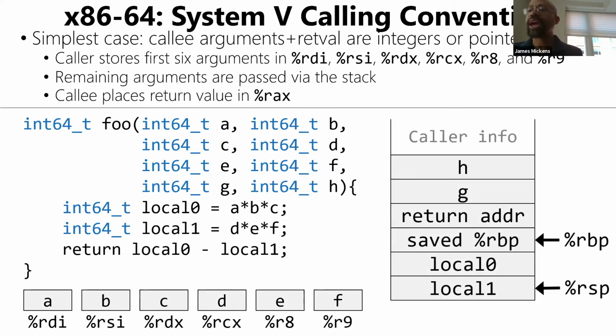Now, if we look at the stack here, we'll see what happens with the other arguments and local variables that I mentioned. So if we look here sort of at the top of the diagram, this is where we see the G and H arguments. The G and H arguments, remember, go over the limit of 6 arguments that are passed via registers, so they'll go up on the stack. We then see the return address here. Next, we see a saved RBP value. The BP stands for base pointer.